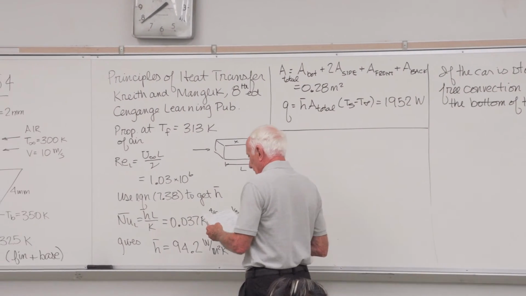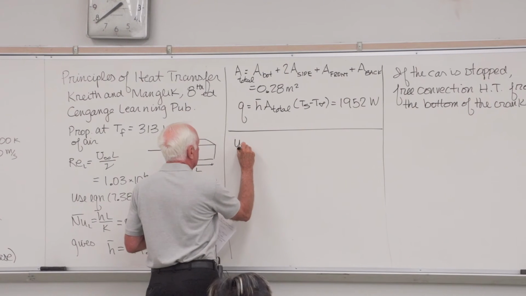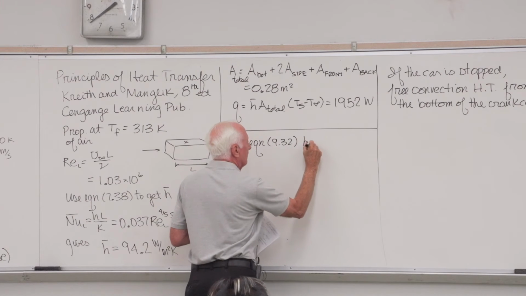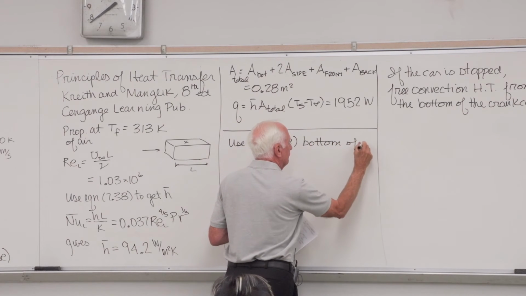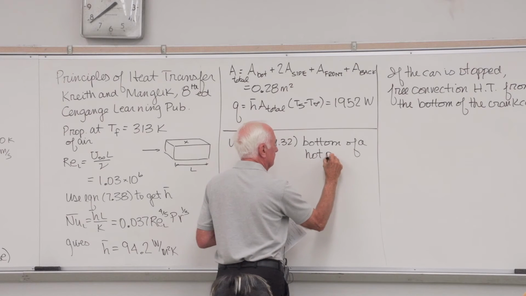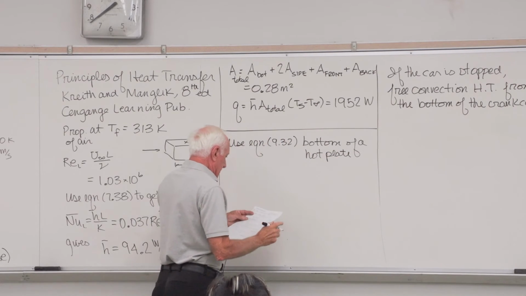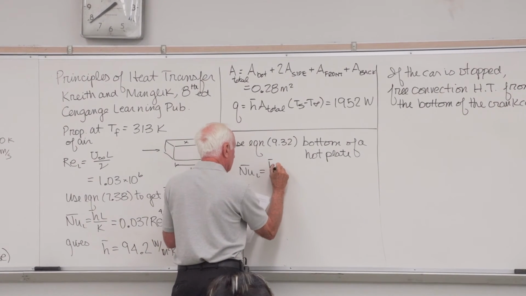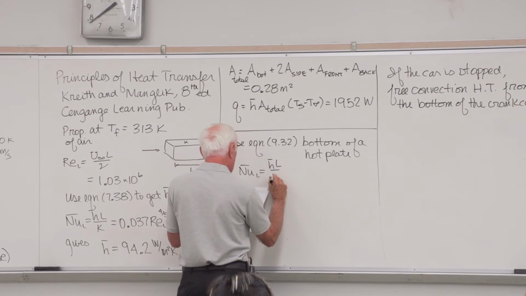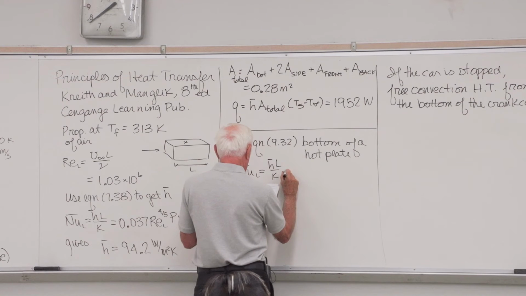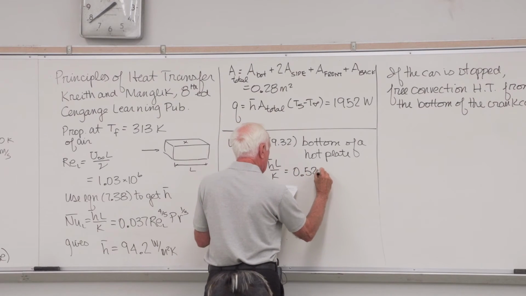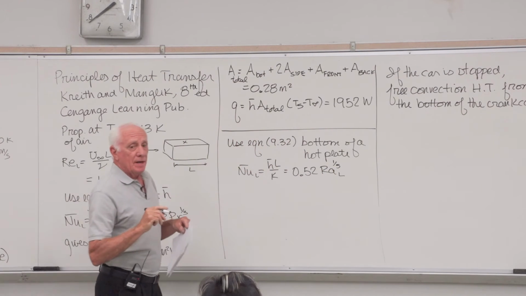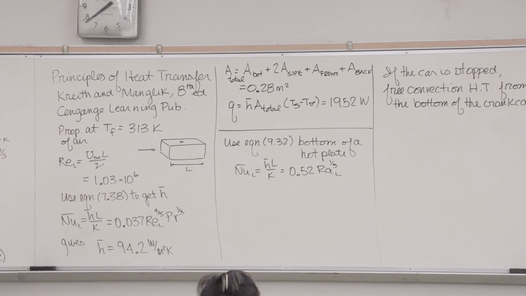Okay, so we go to equation 9.32, bottom of a hot plate. Nusselt bar. Chapter 9, no more Reynolds number. Now it's Rayleigh number.